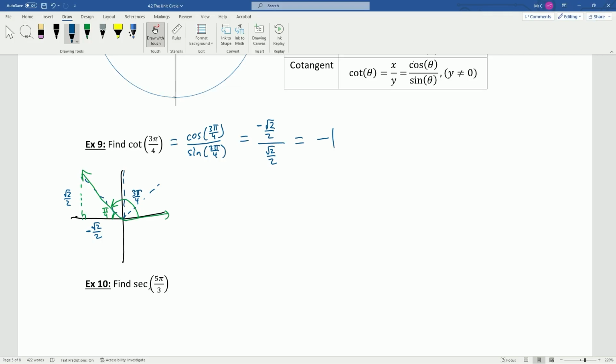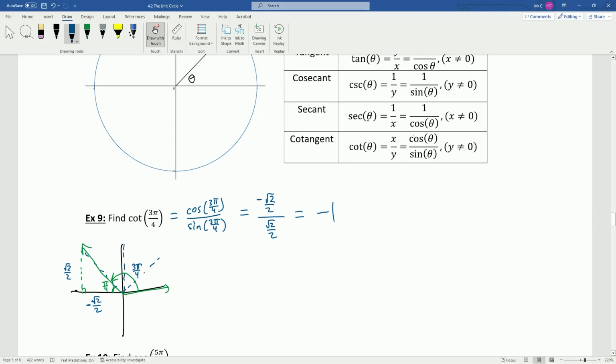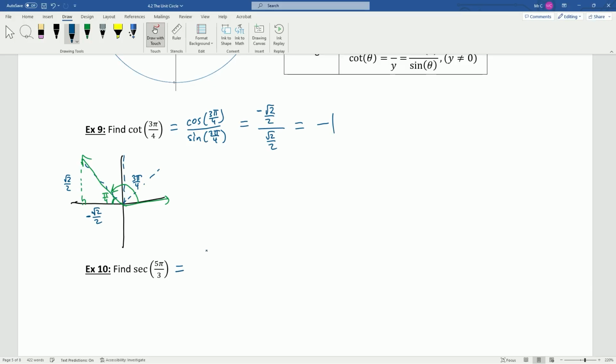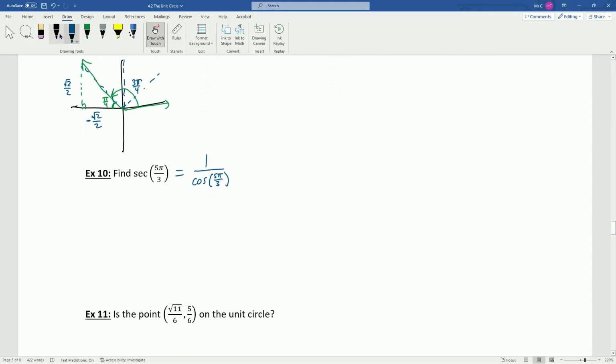Okay, and next we have secant of 5 pi over 3, and we want to think of secant of theta as 1 divided by cosine of theta. 1 divided by cosine of 5 pi over 3. So the same general approach here. Okay, first I look at 5 pi over 3, and that's the same thing as pi plus 2/3 of pi.